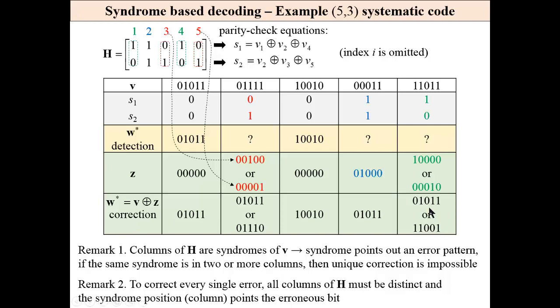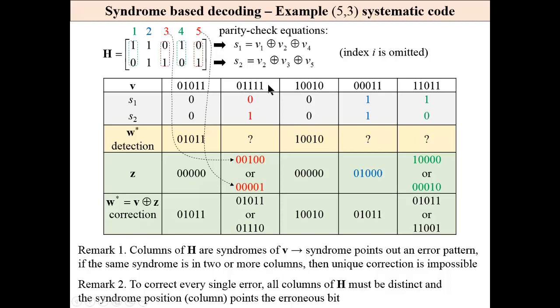This is an example, same code, and let me assume 5 transmissions, 5 words at the output. For this word, we calculated syndrome 0, 0, which means there is no error, and the decision is that the output of the decoder is the same as the received sequence. Same here.